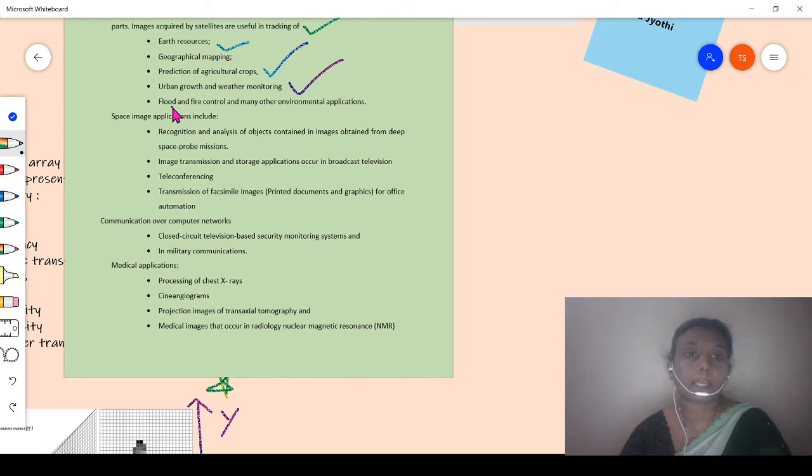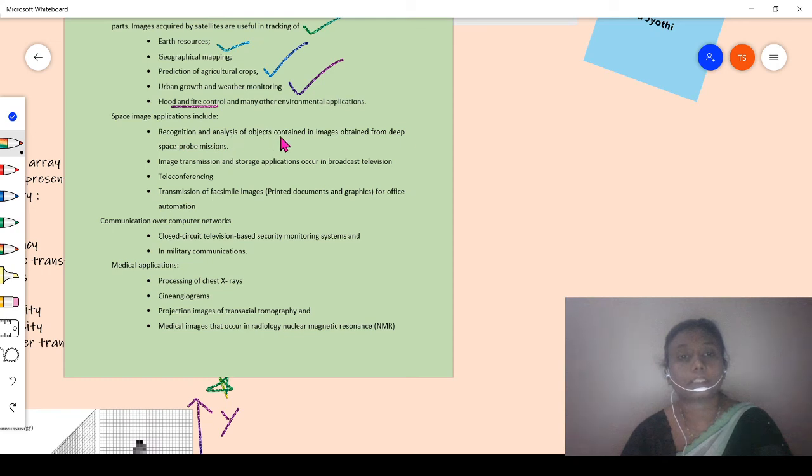Floods and fire control, environment applications, we are also using image applications. Wherever we take and process an image, everything is done through the image only. So image processing plays a very main role within technologies and in every domain area.